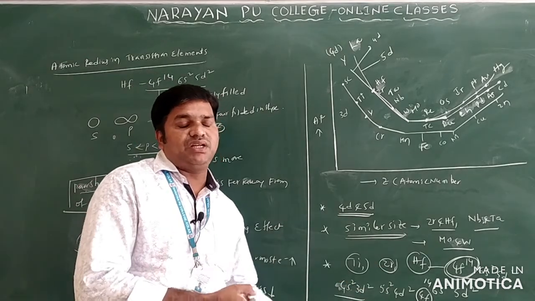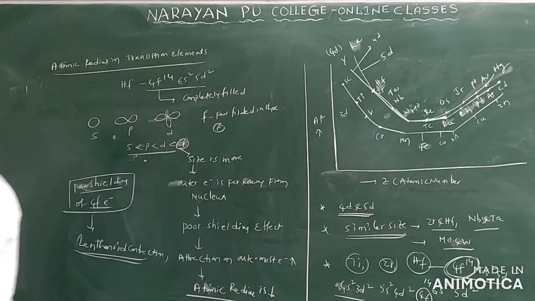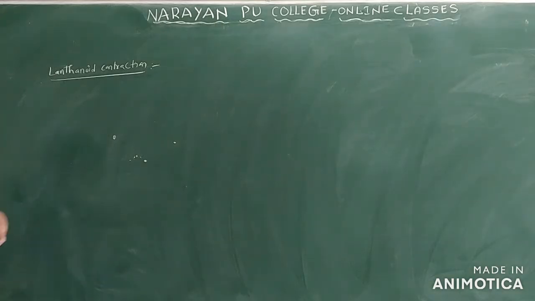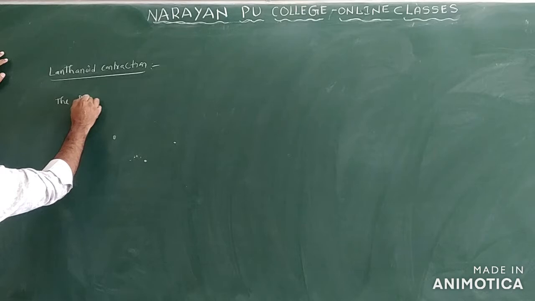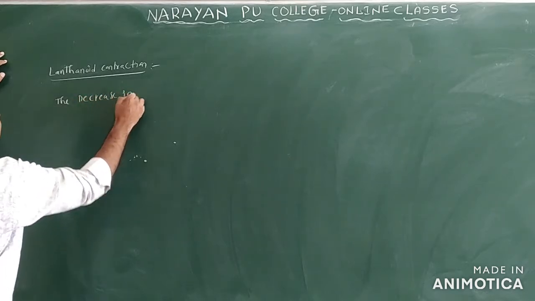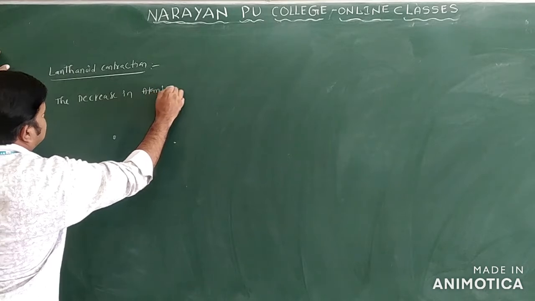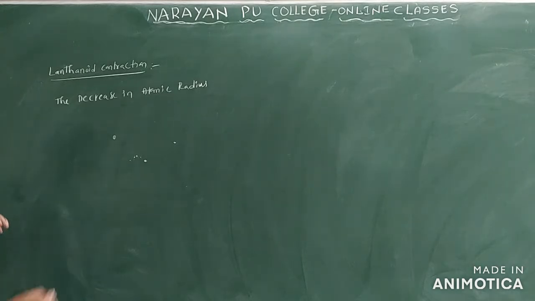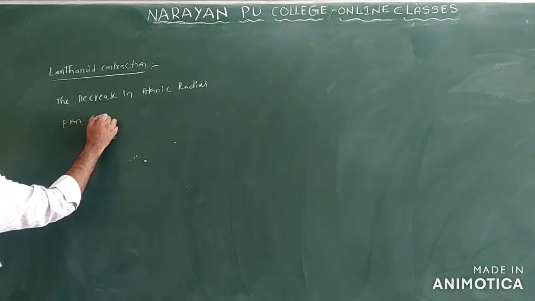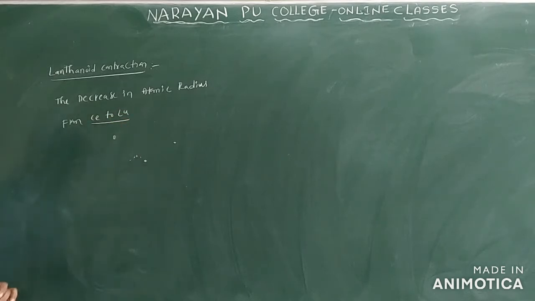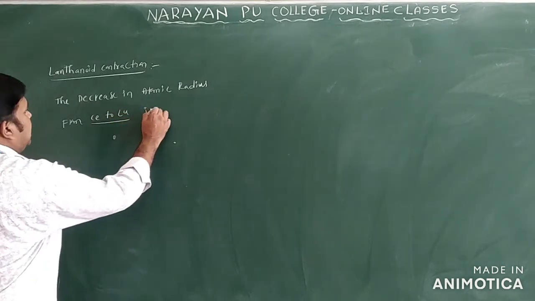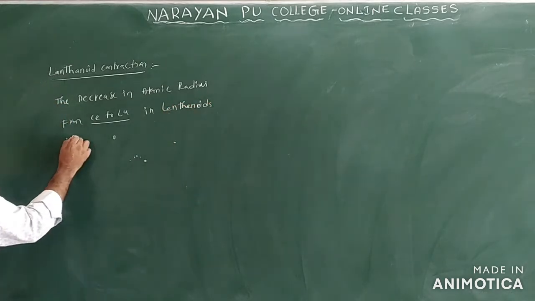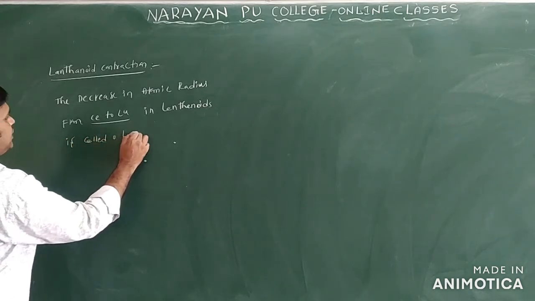We will discuss again the definition of lanthanoid contraction. See the definition of lanthanoid contraction, already discussed. There is a decrease in the atomic radius from cerium to lutetium in lanthanoids, which is called lanthanoid contraction only.